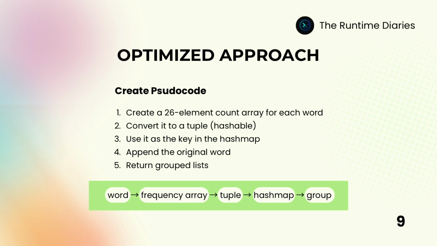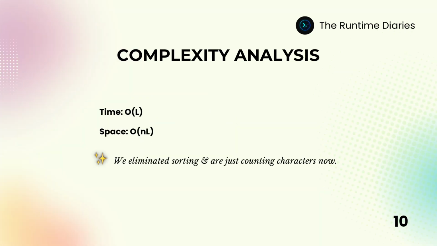This runs in pure linear time for each word because counting letters is O of L. So now our space complexity is N times L. There's no sorting here, and we're only counting. This is the most optimal way to group anagrams because there's no way to avoid touching every character. That is your lower bound.